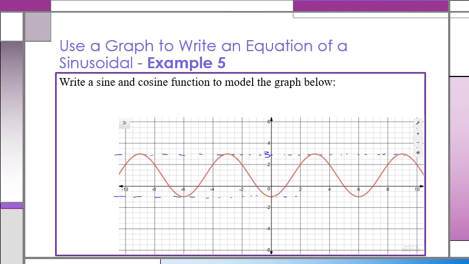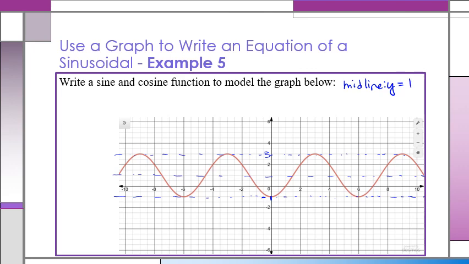So halfway between 3 and -1 would put me at +1. All right, so I have a midline of y equals 1. I think that's what I said, +1. And I have an amplitude of 2.